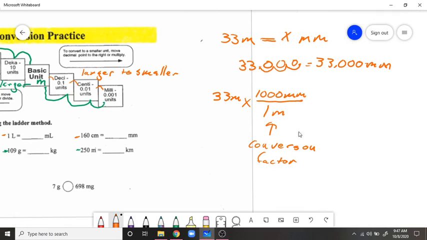It doesn't matter, because either way you write it, it still is equal. The value it has is 1. My meters cancel out, and now I have 33 times 1,000 millimeters. It's equal to 33,000 millimeters.